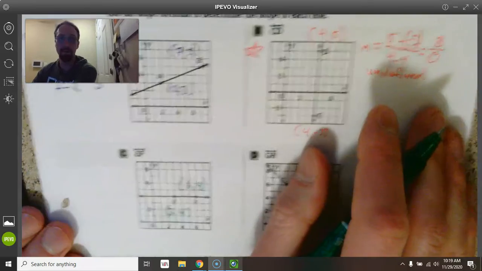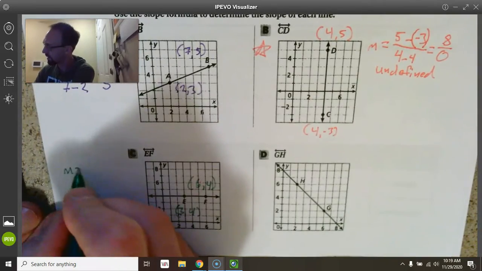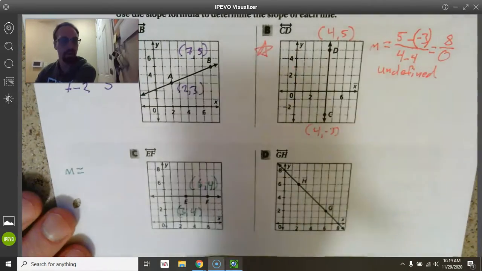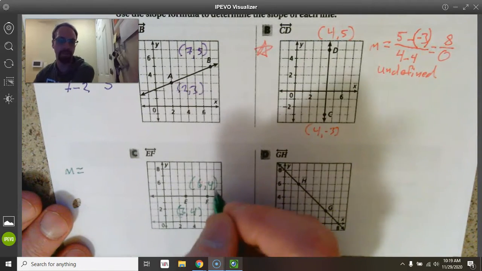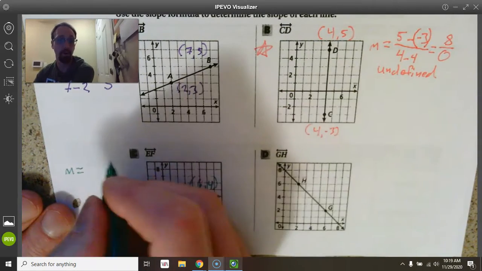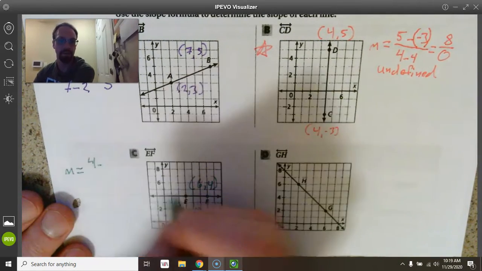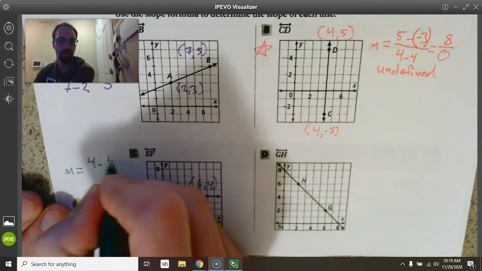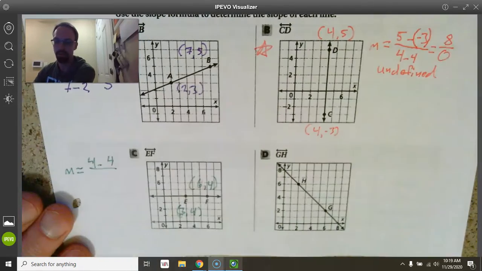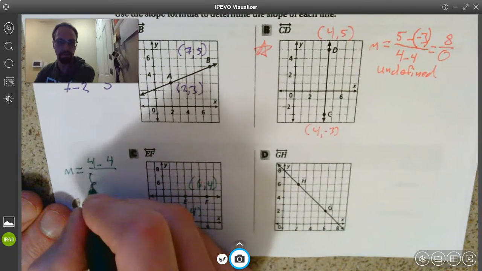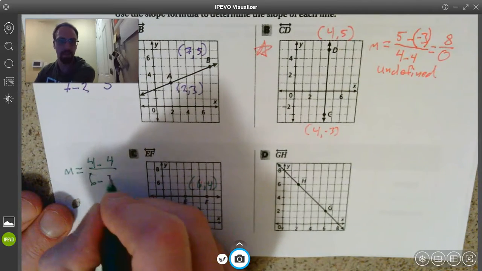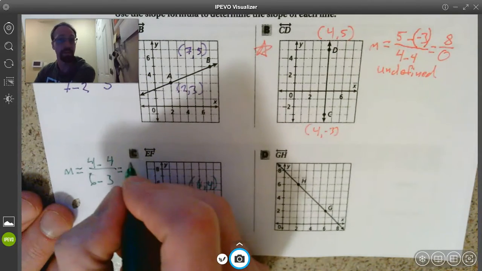So then when I use my slope formula, m equals, so we'll call F my second point. So 4 minus 4, and then I have 6 minus 3. 4 minus 4 is 0, so that simplifies to 0.